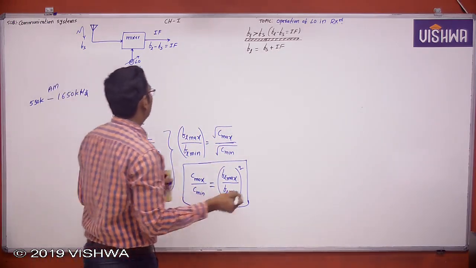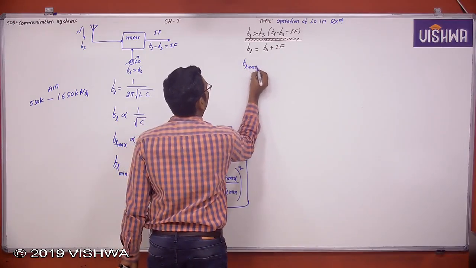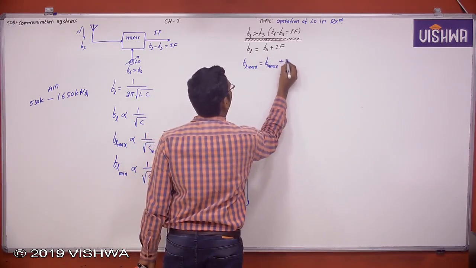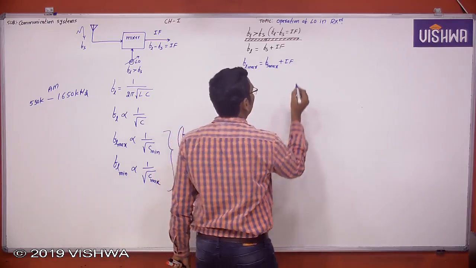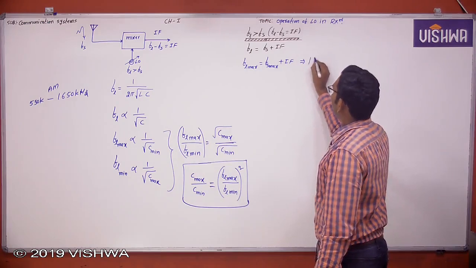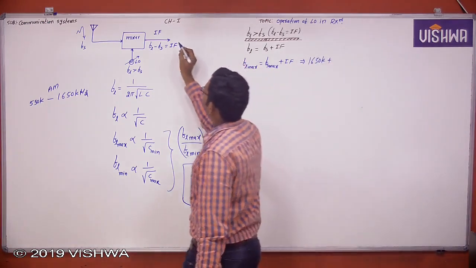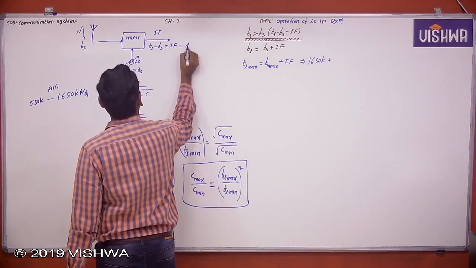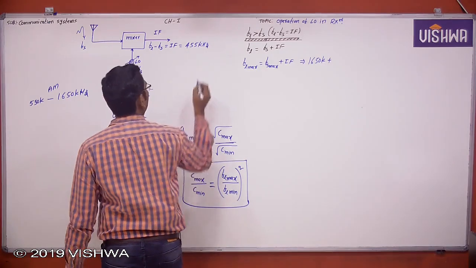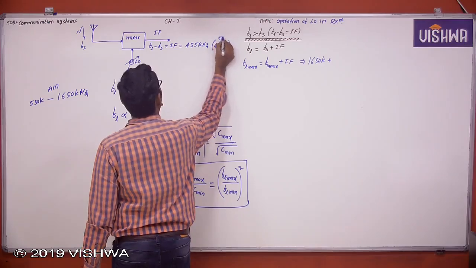Now you tell me, what is Fl maximum? Fl maximum is equal to Fs maximum plus IF. Fs maximum is 1650 kilohertz. IF, you know, is equal to 455 kilohertz. For easy calculations, I just take 450 kilohertz.